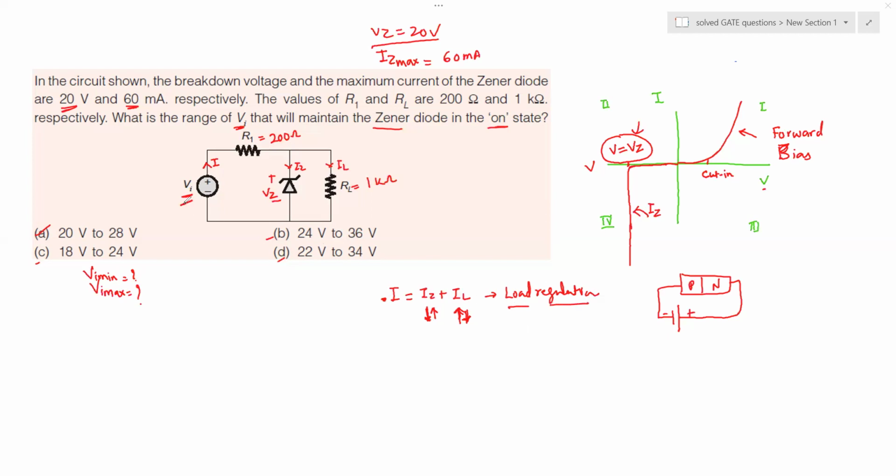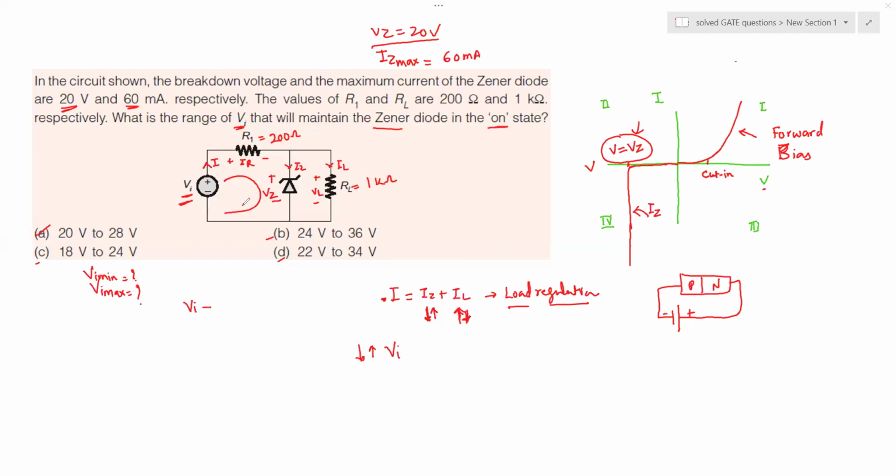Similarly, you have fluctuations in the input voltage, that is VI goes up or goes down. The job of the Zener diode is to maintain the constant voltage VL across the load. Let's see how it will do that. Here we can see that there is a drop across this resistor due to the current IR.